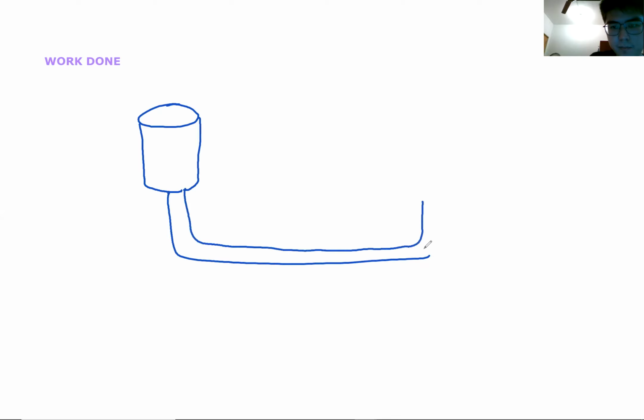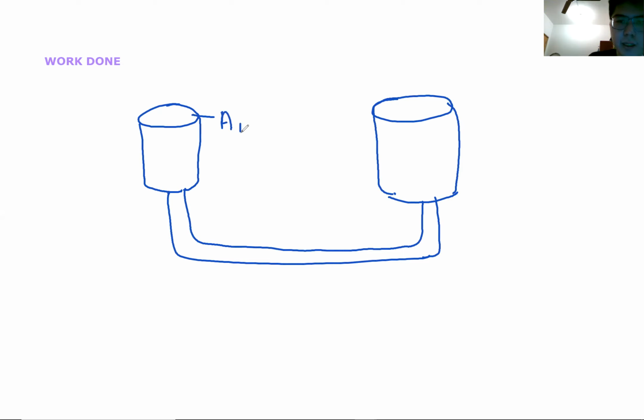You have a small piston connected to a larger piston. So this is area 1 and area 2. Area 2 is bigger than area 1, and then you have force 1, force 2.